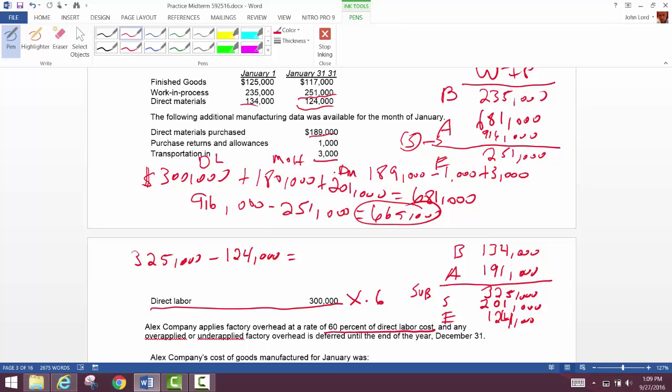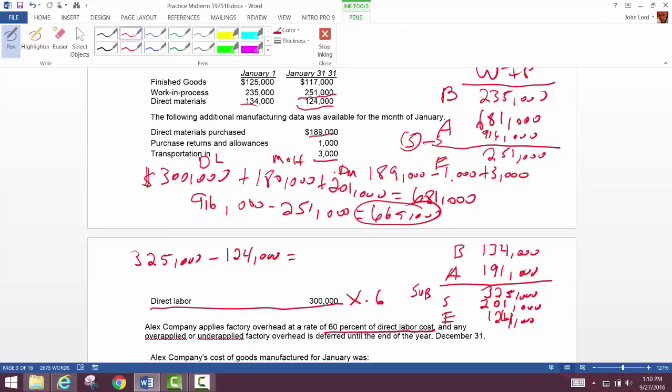Could we use this for the test? I'm not sure why that's working, to be honest with you, because what you just gave me is the manufacturing cost, and that's asking me for the cost of goods manufactured, which is the amount transferred out. I don't know why it came to the same number, to be honest with you.